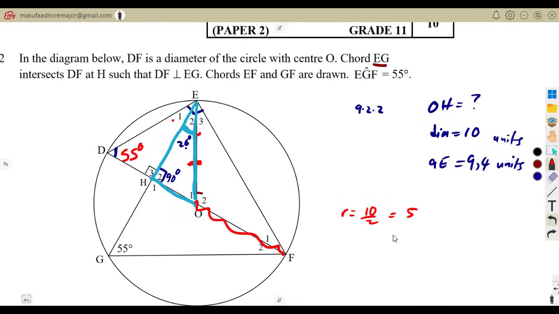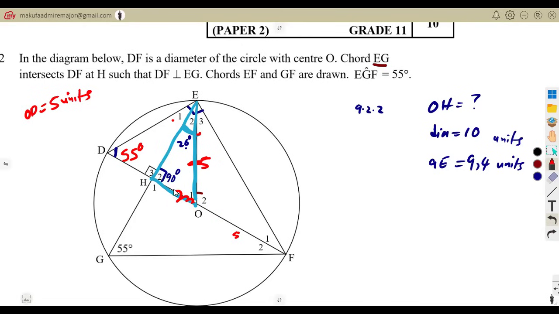From O to F, from O to D, as long as it's from the center, it's going to be 5 units. So here to be 5 units, here to be 5 units. From O going to this side of OD, it's going to be 5 units also. From the radius concept, it follows that OD is also 5 units.